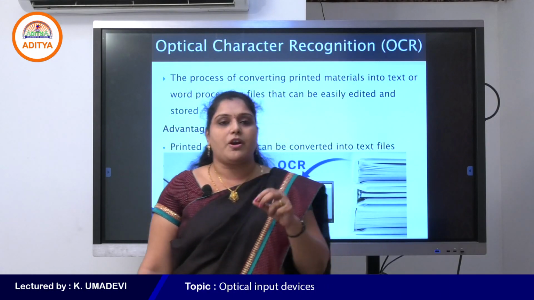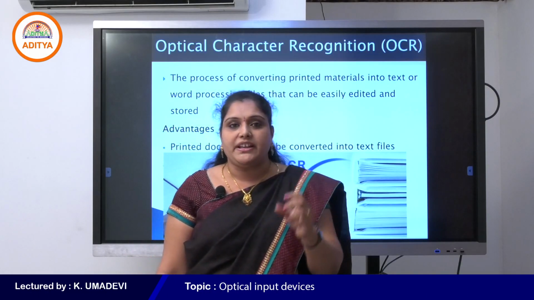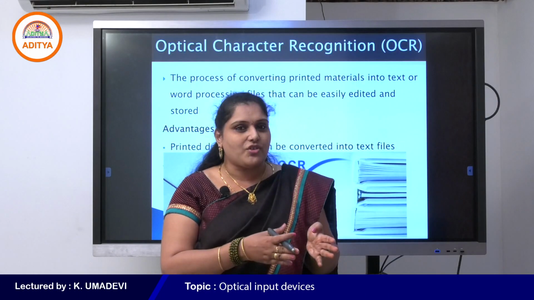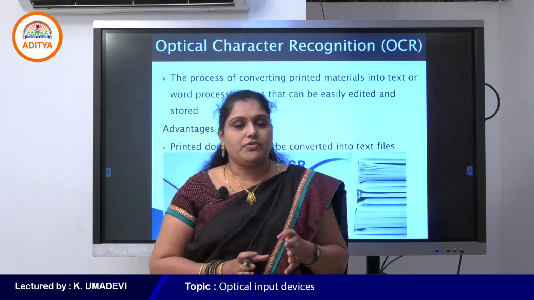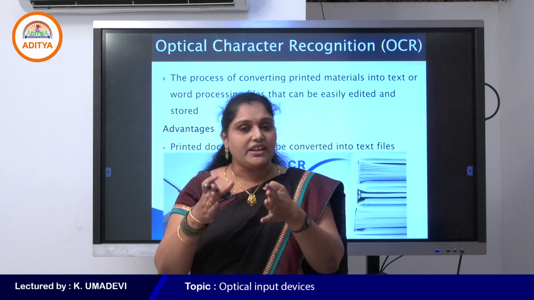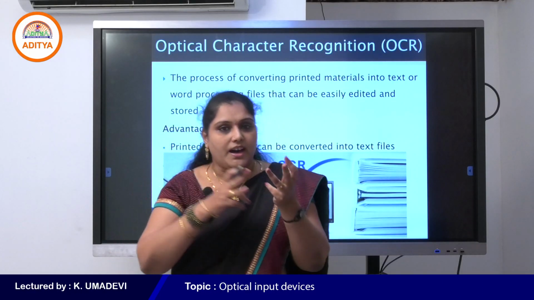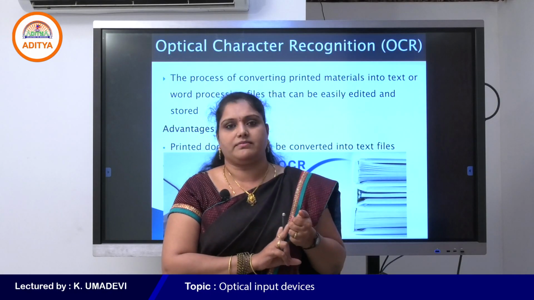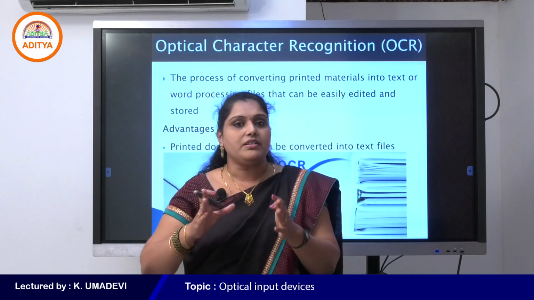Hard copy: simply the printed material is called hard copy. So what about soft copy? The file or data that is stored on hard disk, CD, pen drive or memory card, etc. and displayed on computers.